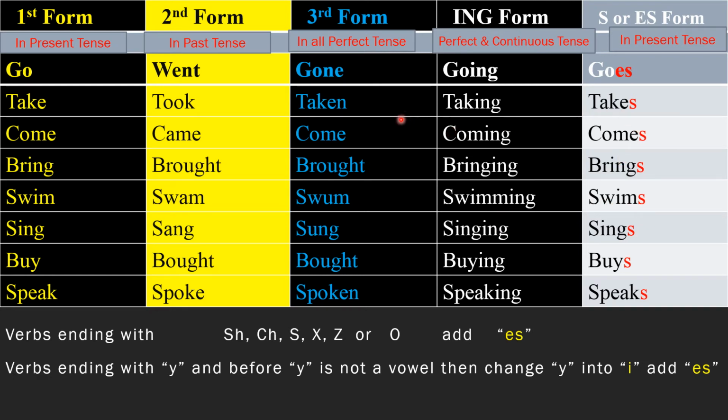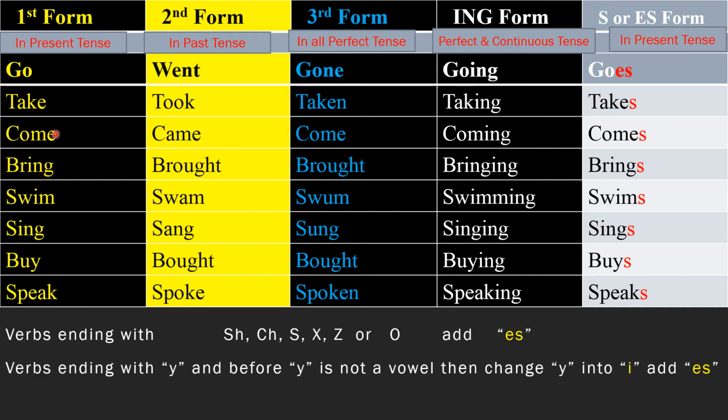And another important thing you note here, that for verbs ending in e, when we add ing, we drop e and then we put ing. It is tak, e is dropped and ing is added. Come, com, and e is dropped, and in place of e, ing is used. But in the case of go, the same go is written here and ing is added.